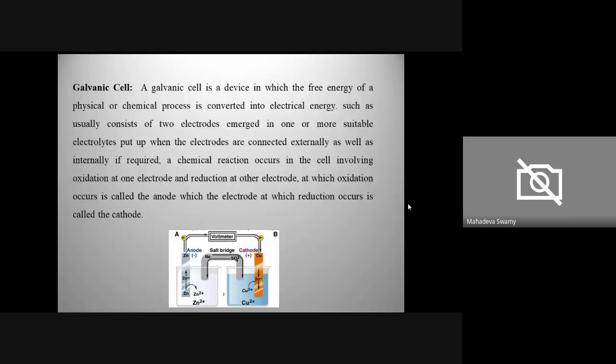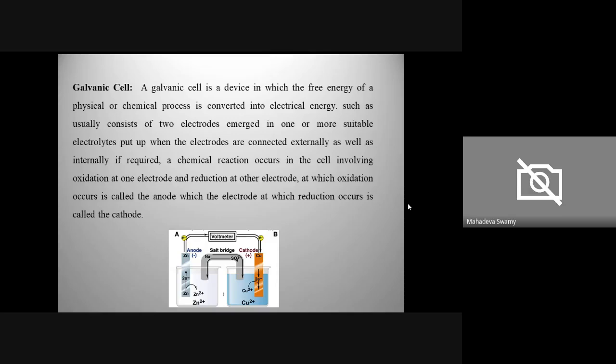What type of chemical reaction occurs? Zinc acts as the anode, copper acts as the cathode. We know why, because in the electrochemical series one is more active with a lower electrode potential value, and the other is less active. So one acts as the anode and the second acts as the cathode. Based on this explanation, we are going to discuss the reversible cell.